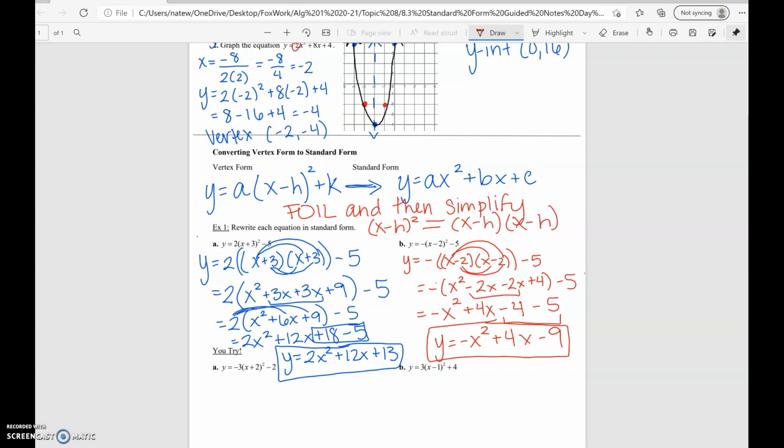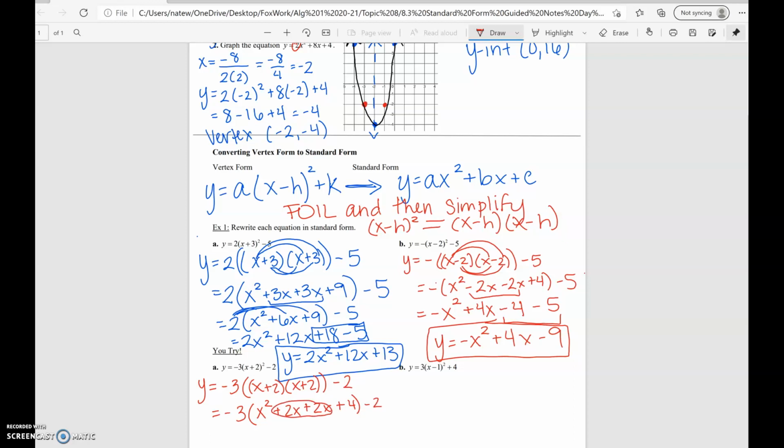All right, so hopefully you've tried those problems. We're going to go ahead and quickly go over them. So we have -3, and then we're going to do (x plus 2)(x plus 2), and then minus 2. So this is going to give us -3 times (x squared plus 2x plus 2x plus 4) minus 2.